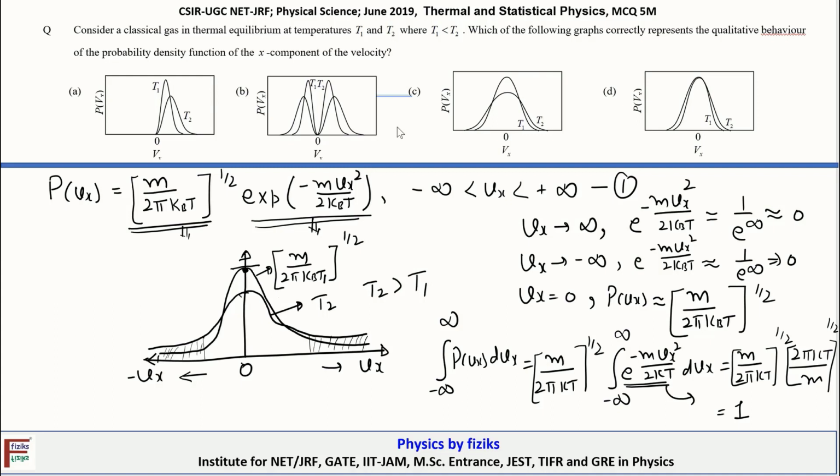So not this one; the lower curve corresponds to temperature T2. Yes, this is the correct option. C is the correct option. So this is the lower curve, and this is the curve corresponding to temperature T1, and this corresponds to T2, such that T2 is greater than T1.